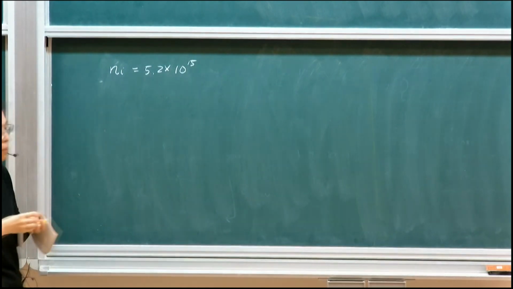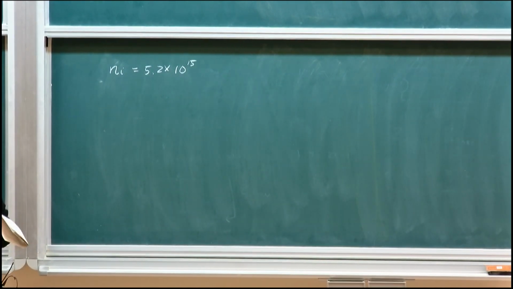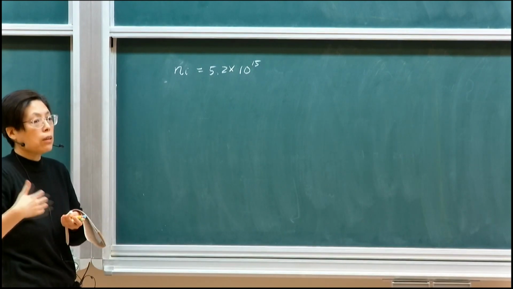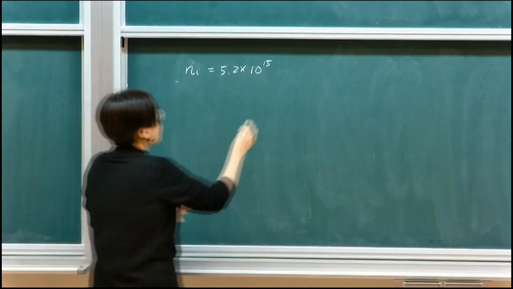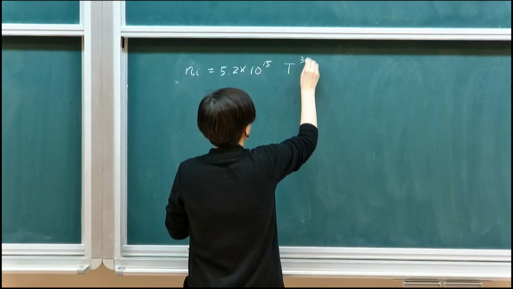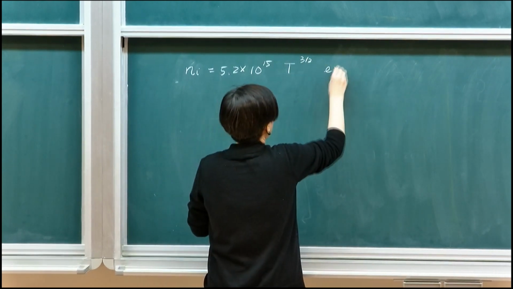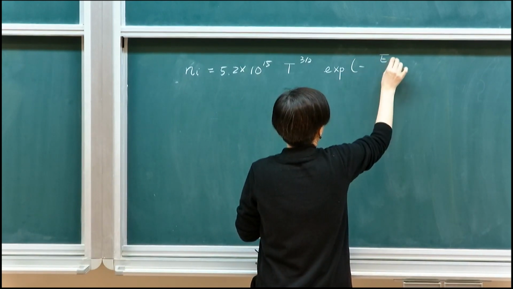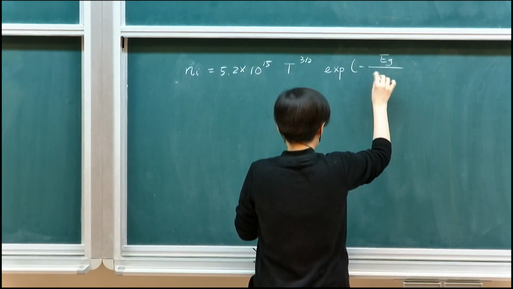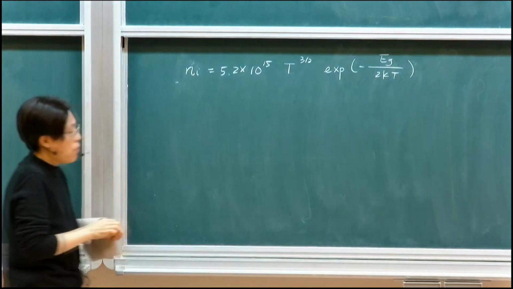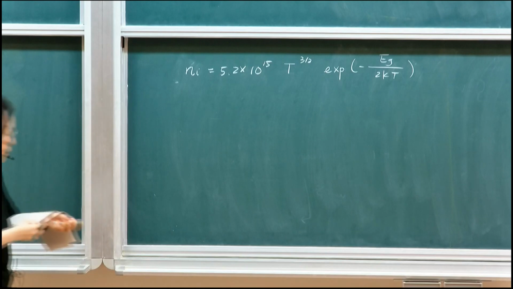You would expect that the intrinsic carrier density depends on temperature, of course, because it is excited by temperature, so it depends on thermal energy. There's a strong thermal dependency. You don't need to remember the equation. I just want to write it down as a reference to get a sense of the factors that affect intrinsic carrier density.